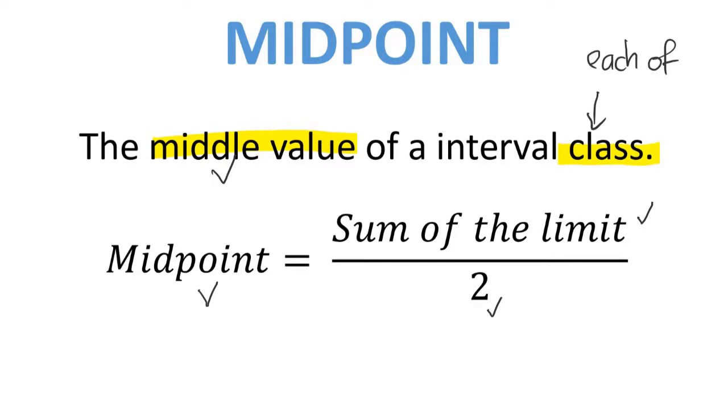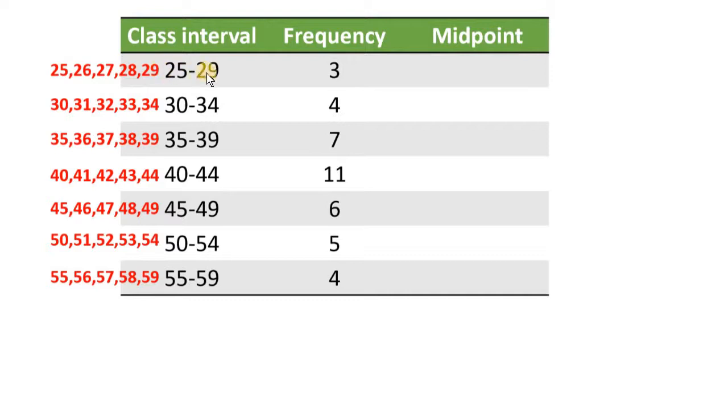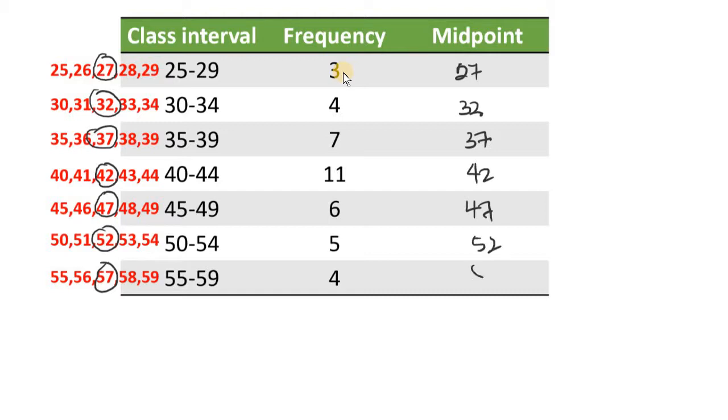For example, this one only involves 5 values, isn't it? So the middle of the class interval is the middle value, something like the median. So the midpoints will be 27, 32, 37, 42, 47, 52, 57.